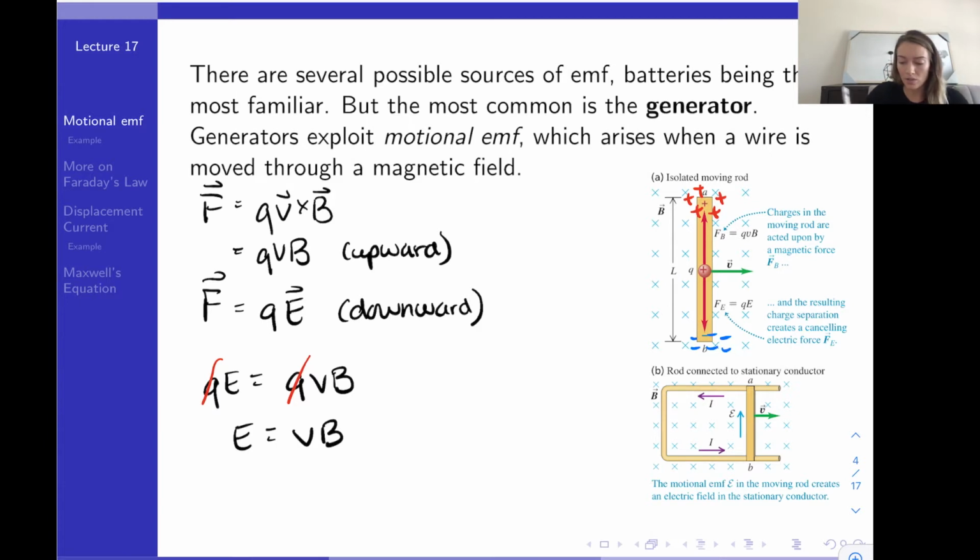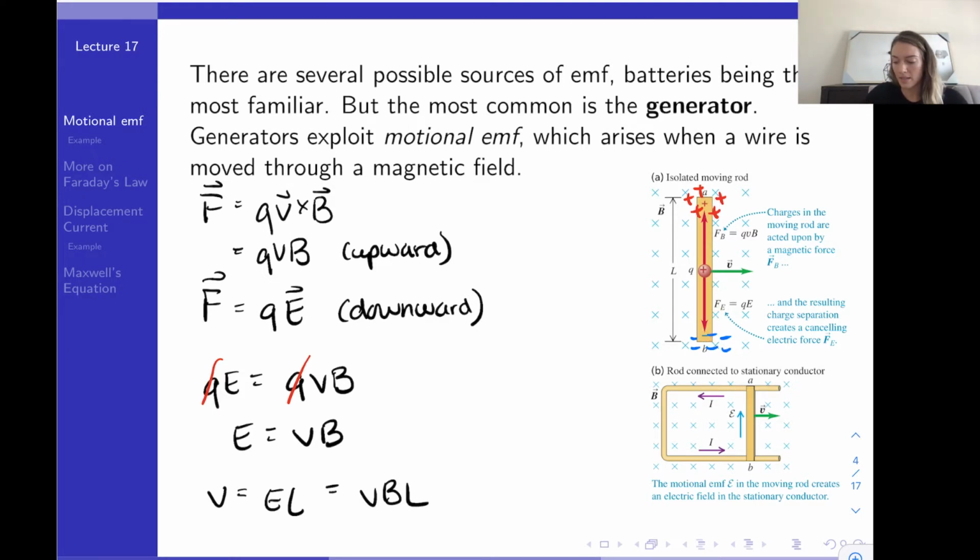So the potential between those two ends is just going to be E, the electric field between them, times the length or the distance of this rod, the distance between our two endpoints. So the potential between here and here is the electric field times L. So I can just rewrite this. I can plug in VB for E, so I can just have VBL as the potential difference between up here and down here.